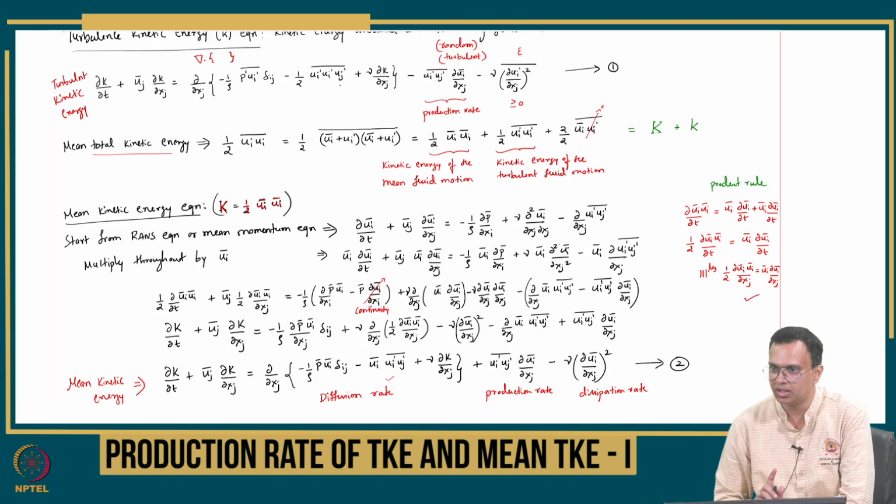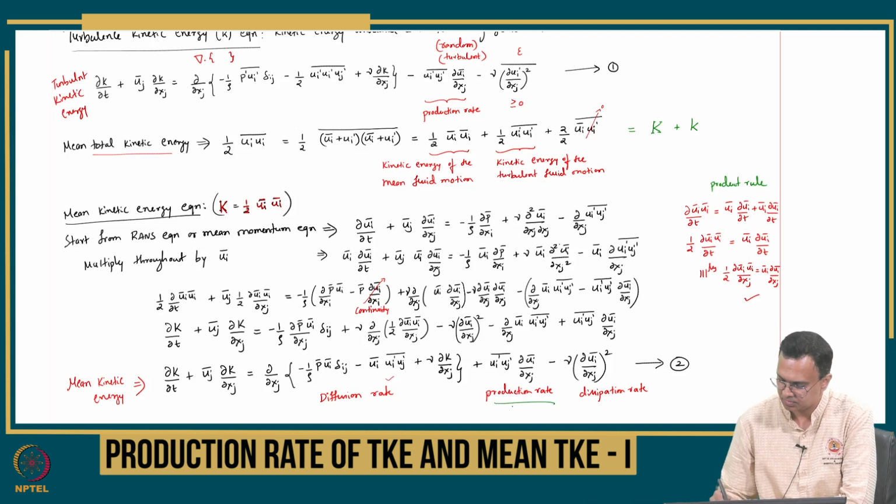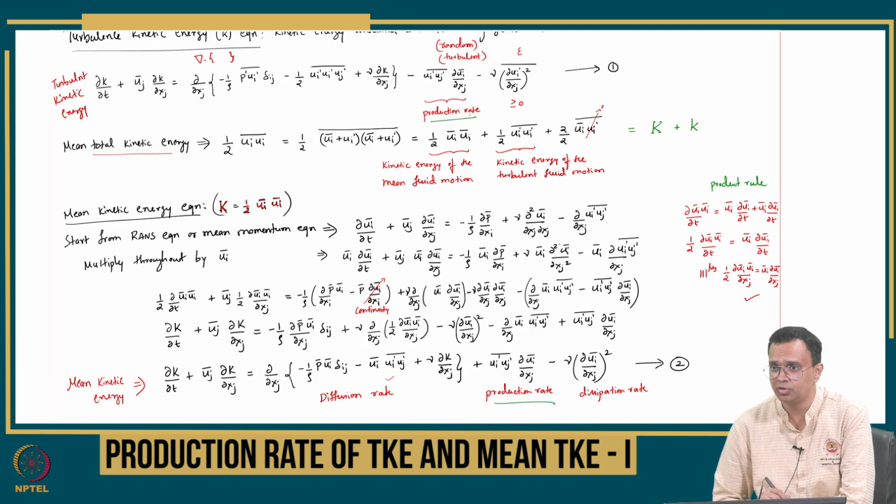Is there one term which is looking exactly the same? Production rate term, right? This term is exactly the same, every other term is different. Dissipation and diffusion rates are completely different compared to equation 1. The only term that is exactly the same between the mean kinetic energy equation and the turbulent kinetic energy equation is this production rate. Anything else you notice? Anything different? The sign is different.